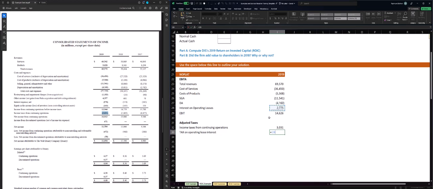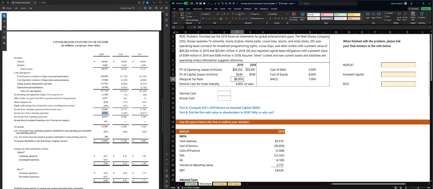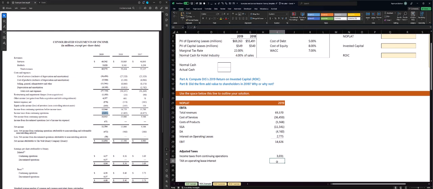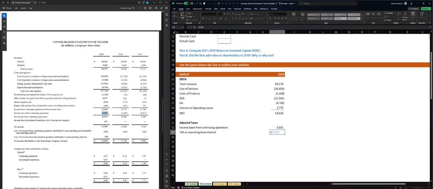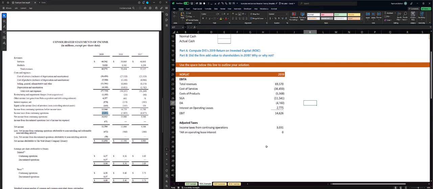So this times, you always use the marginal tax rate, which is 22%. So let me just grab that number, F4 it, so we remember that this was the marginal tax rate. And then we multiply the interest, right?